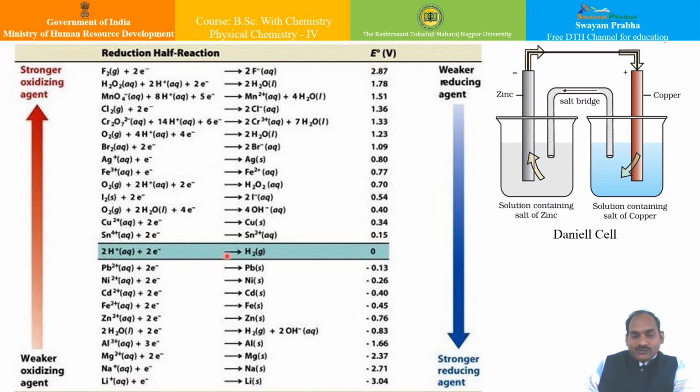So whenever you connect this standard hydrogen electrode to any of the cells above or below, the standard reduction potential obtained in connection with the standard hydrogen electrode is the EMF of the given cell which is connected to the standard hydrogen electrode. That is the concept.